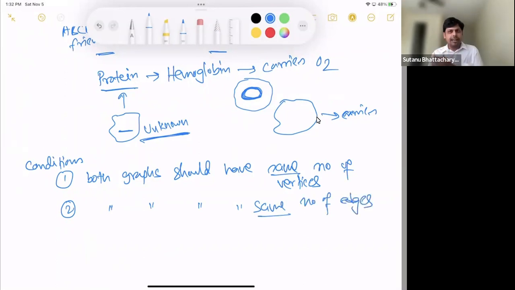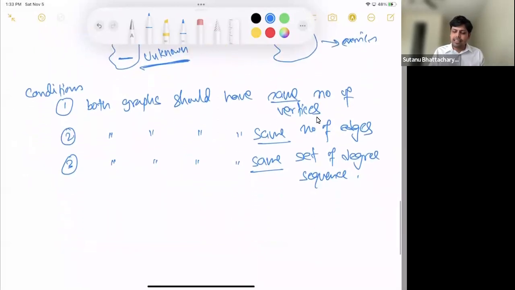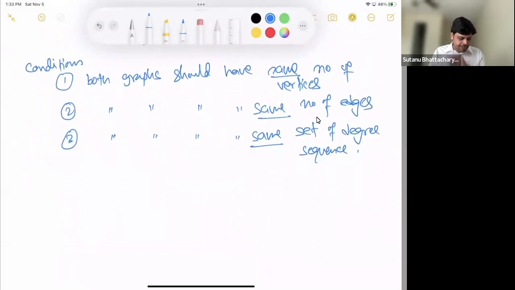So both graphs should have the same number of vertices and the same number of edges. And the third one is both graphs should have the same set of degree sequence. Last day we talked about degree. So let's take one example, then it would be clear.